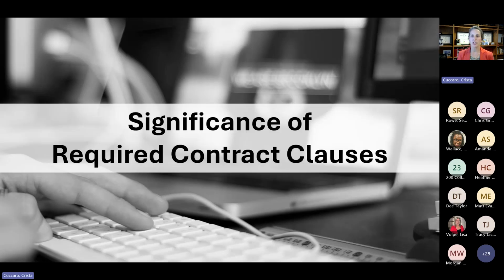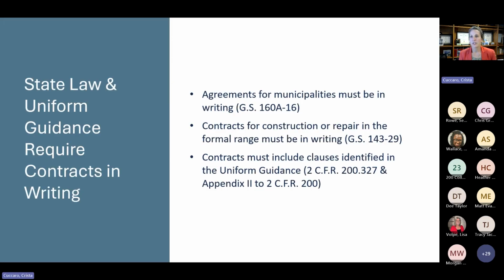We are going to start, like I said, with the contract clauses. Before we get into looking at all of the contract clauses that we find in the uniform guidance, I want to remind you that your contract should be in writing, right? In some instances, we find that requirement explicitly in state law. General Statute 160A-16 requires agreements for municipalities to be in writing.